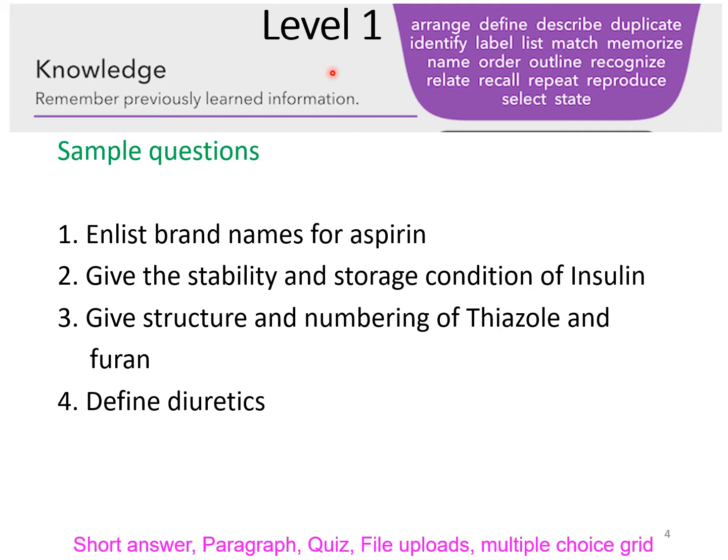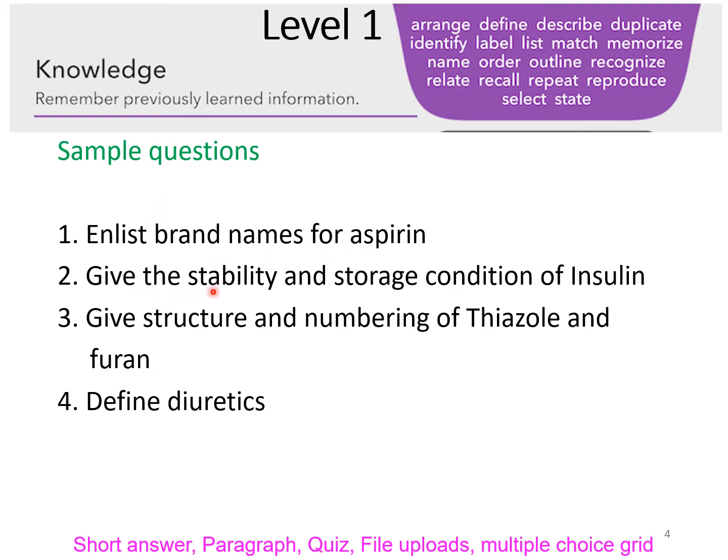So whatever the syllabus says, like the pharmaceutical chemistry syllabus in the second year, that I have taken as the example for all these levels. So if the syllabus says they need to learn the brand names of certain drugs, then enlist, you can add here at least 4 brand names for any drug example you can give.